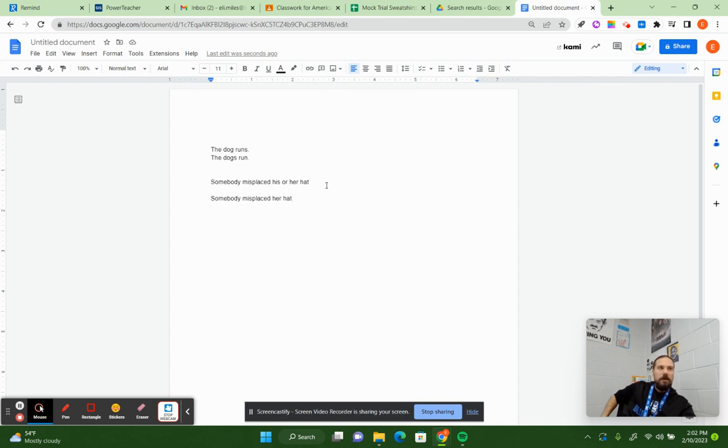So if you're on a football field, "Somebody misplaced his helmet." I think it's a logical conclusion that it would be a male football player. So somebody misplaced his helmet, but it has to be singular. That's the issue we keep running into. Just make sure that you roll with that.